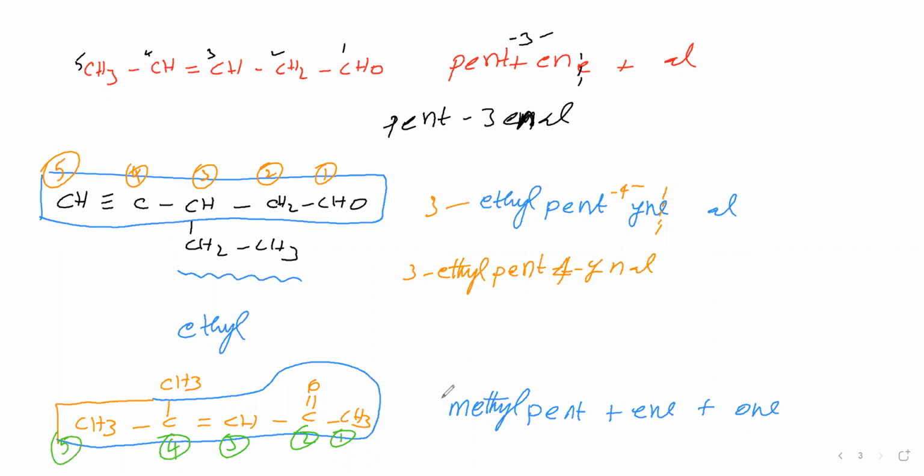So methyl position is 4, therefore 4-methyl. Next, the double bond position is between 3 and 4, therefore we will say 3. The ketone position is 2, at the second carbon. This e will drop, therefore we will write 4-methylpent-3-en-2-one. It is the name of this compound.